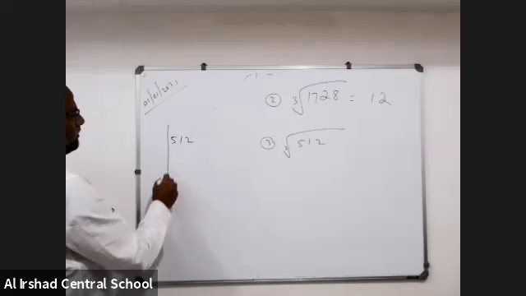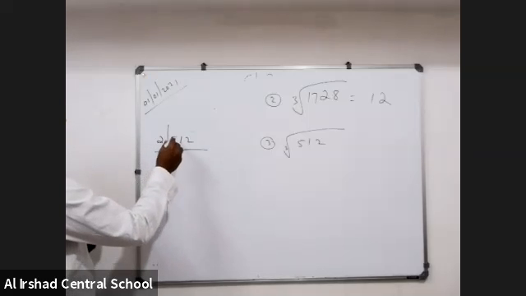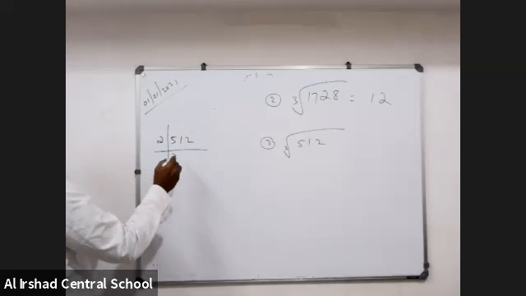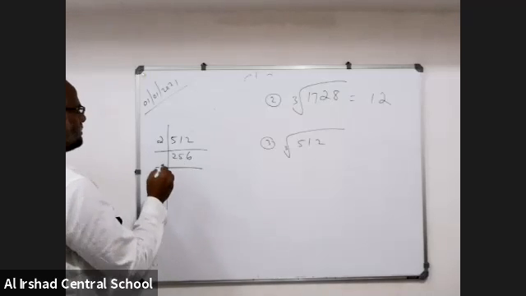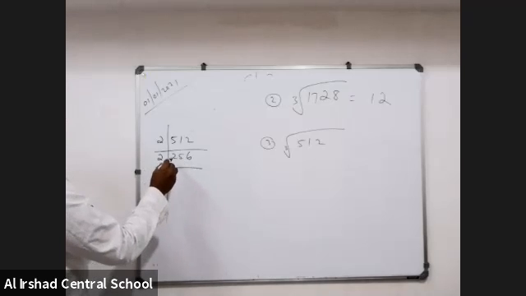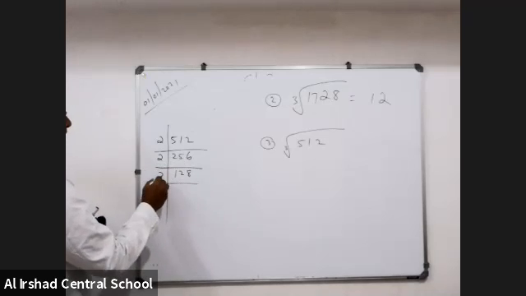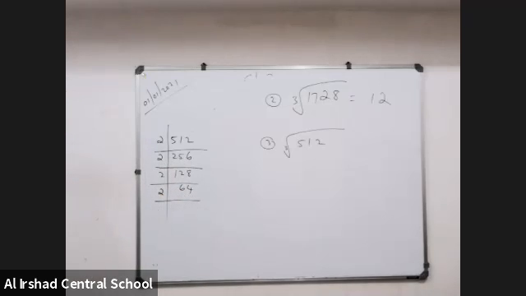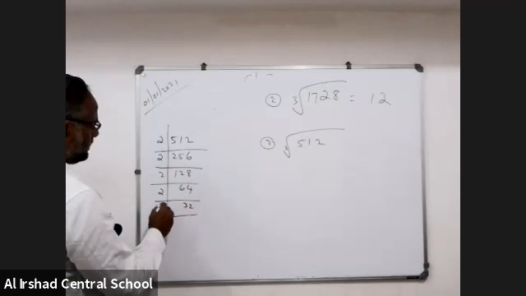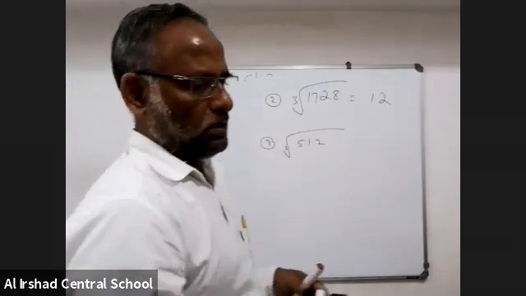Factorize 512. 2, 2 2s are 4, 5 2s are 10, then 256, then 128, 64, 32, again 2. Proceed and see what is happening.